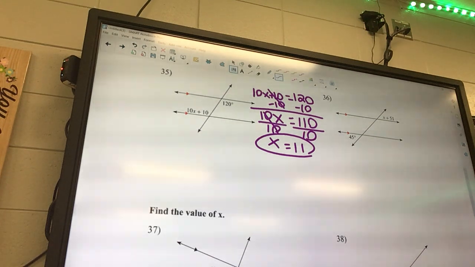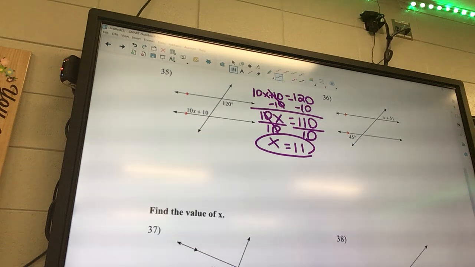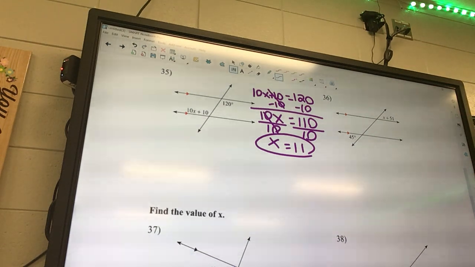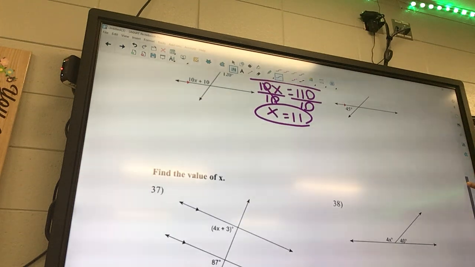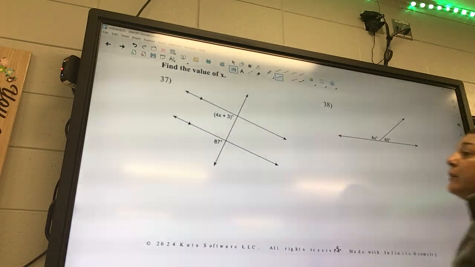Okay, 37. What kind of angles are those? Corresponding. Okay, so they're corresponding. So corresponding ones are equal, so we can set them equal to each other. So we can say 4x plus 3 equals 87.